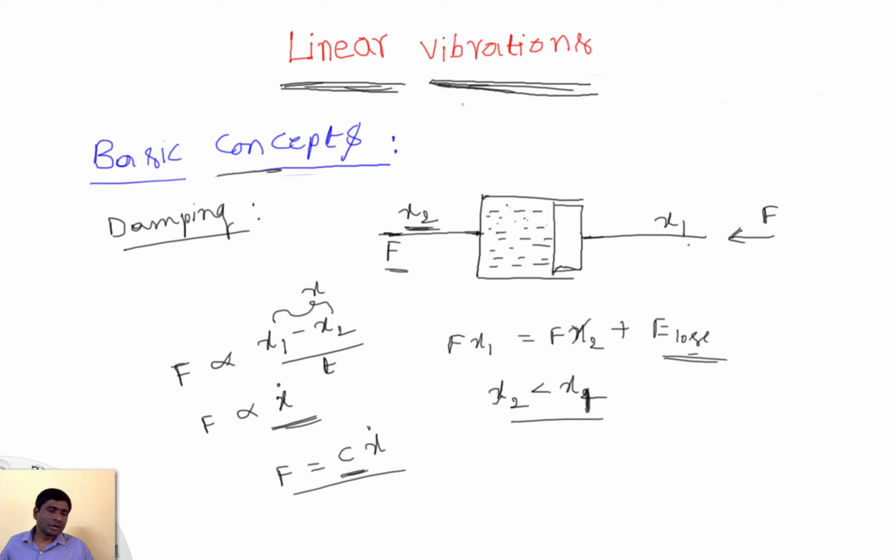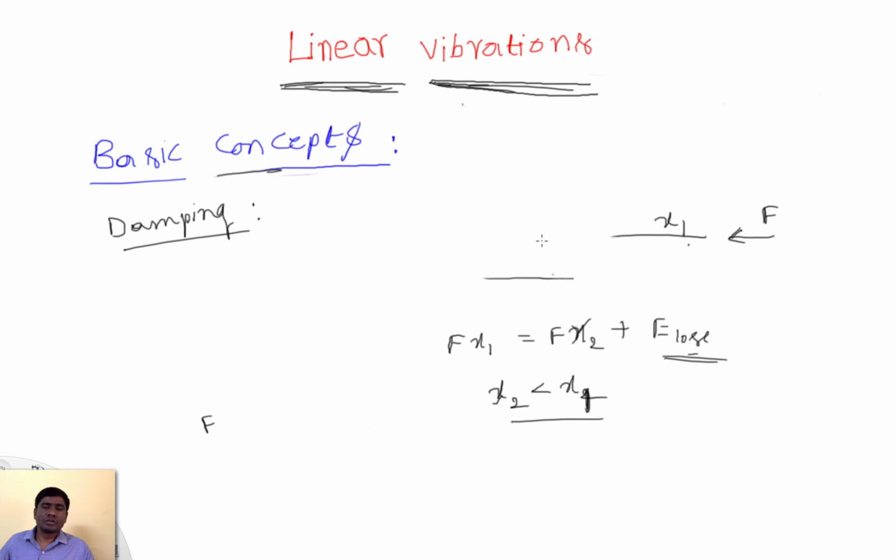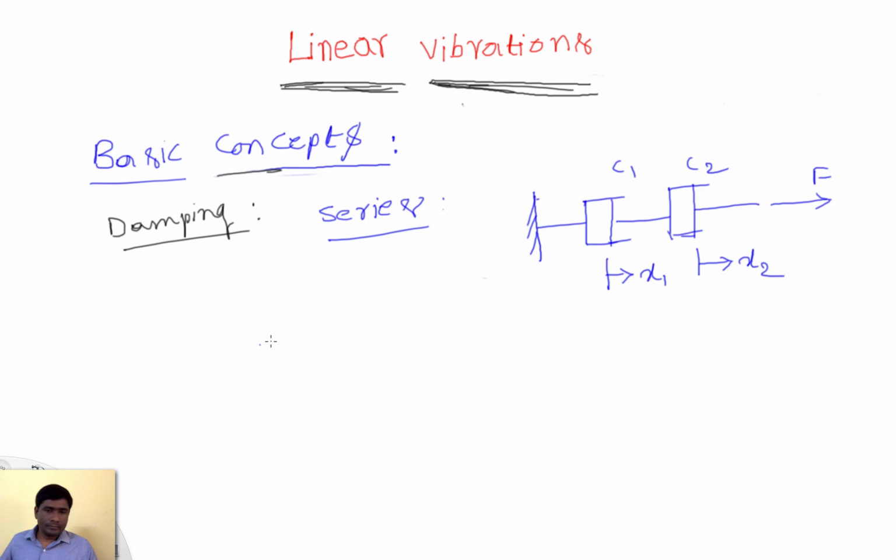And again here also we can see dampers connected in series and also in parallel. When the dampers are connected in series, this damper C1 makes displacement x1 and C2 makes displacement x2, but the force in the two dampers is the same.